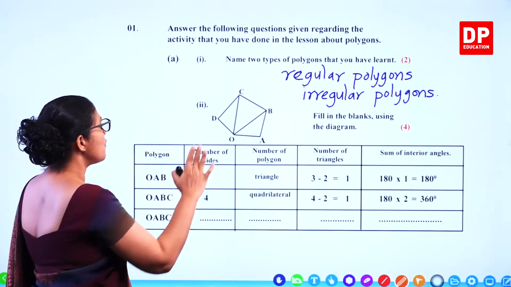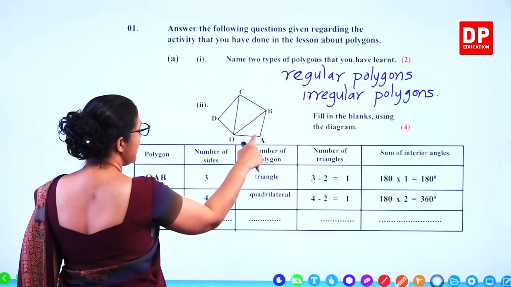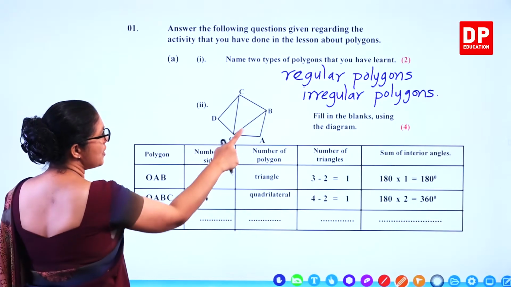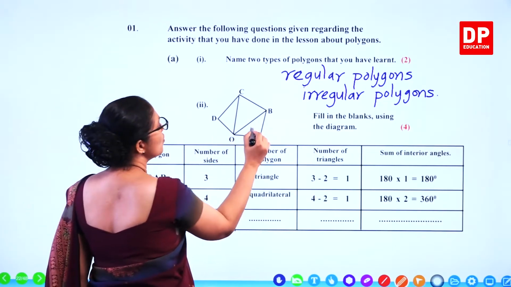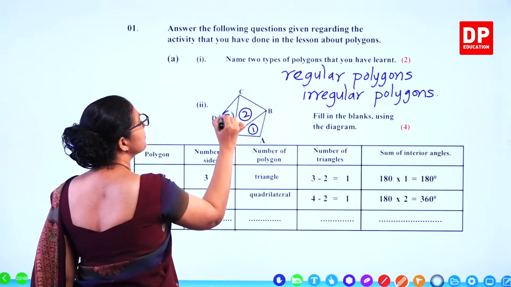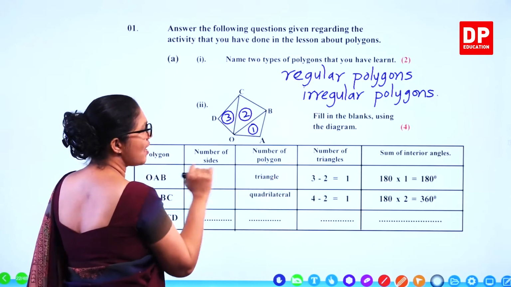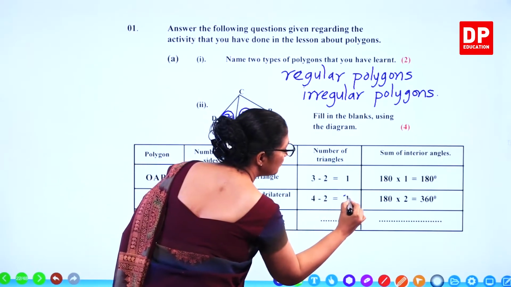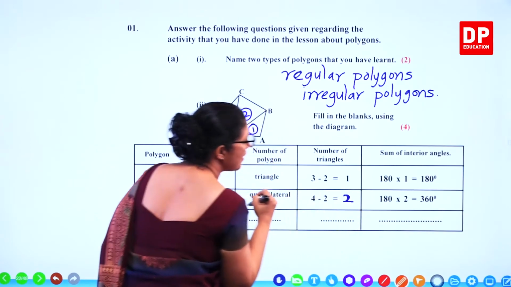Likewise, if you take OABC, that's a quadrilateral, you are getting 4 sides. How many triangles? You get 2. So this is 1 and this is 2.